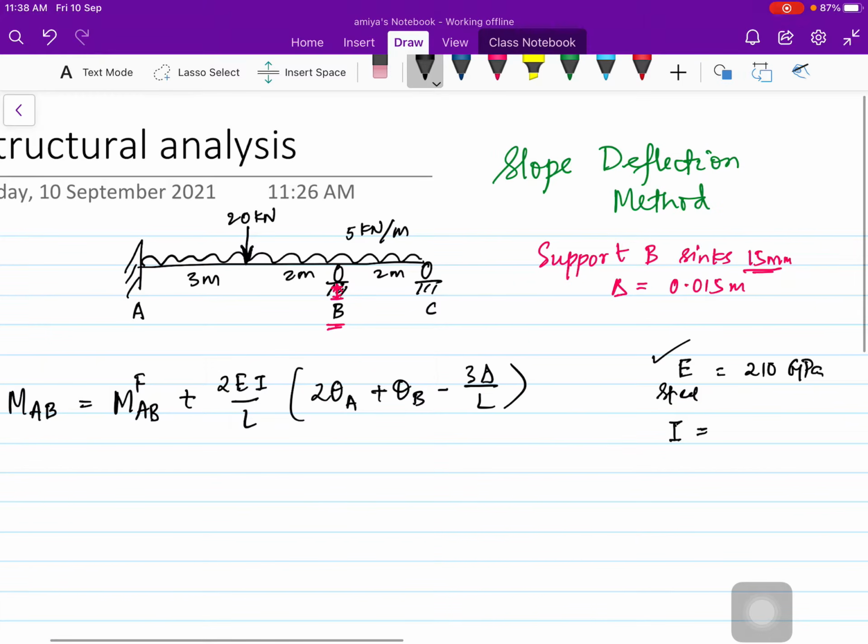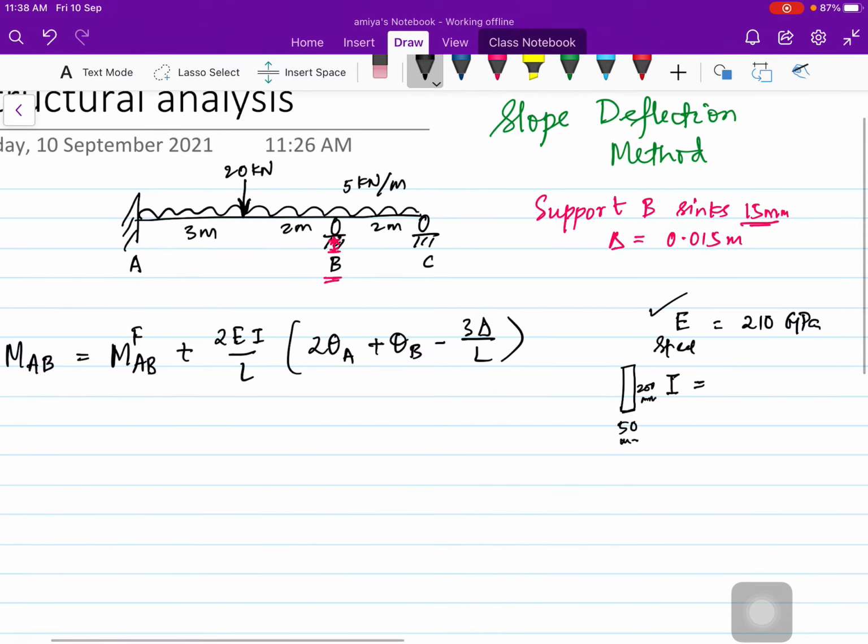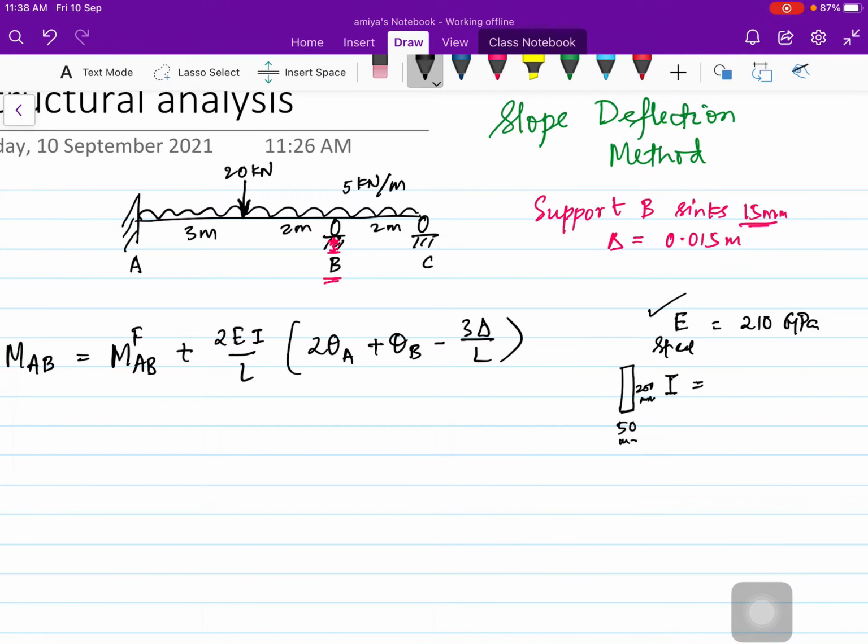So let's take the cross section of steel as a rectangle of 50 mm width and 200 mm depth. If it is an I section or circular, you can refer to the steel table to get the I value, the moment of inertia. Here for the rectangular it is bd cubed by 12. So b is 50 multiplied by 200 cubed by 12.